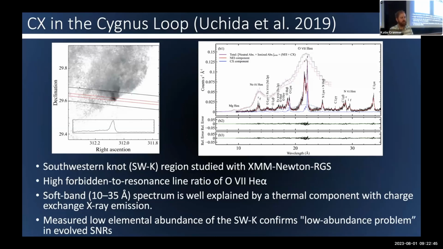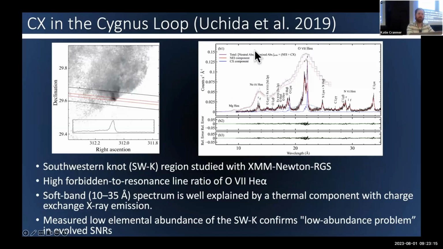So a great example of this is evidence for charge exchange in the Cygnus Loop. They got the RGS spectrum of the southwest region of the Cygnus Loop. They measured the forbidden to resonance line ratio of the oxygen 7 species and found that it was somewhat high.